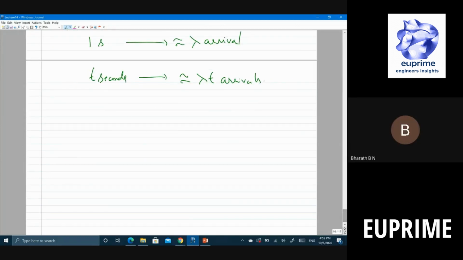How can we figure out what kind of distribution applies? It's actually a very good question. There are two ways to think about it. One is, as you said, experimentation. You stand at, let's say, a circle and count the number of cars arriving from one of the ports per second, and you do the average and fit the distribution.